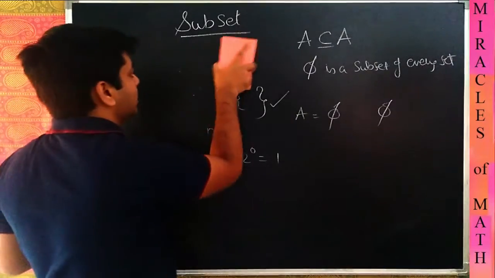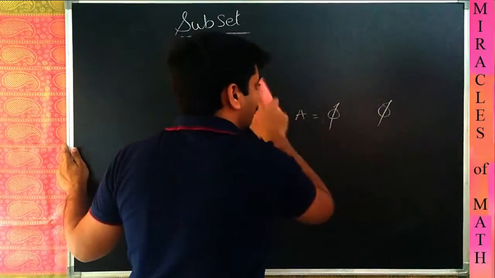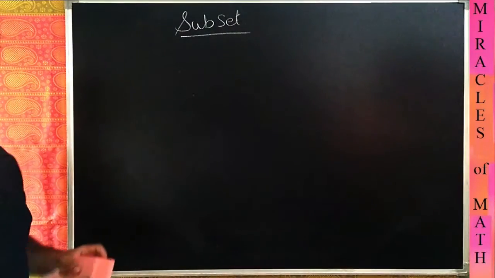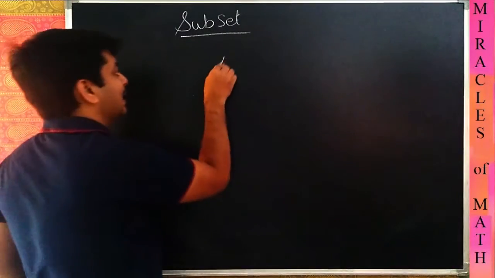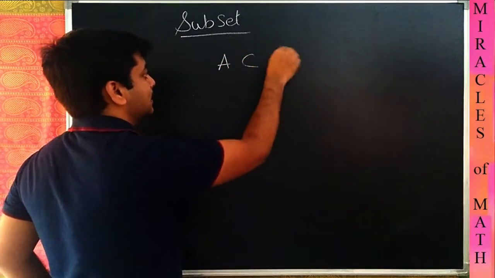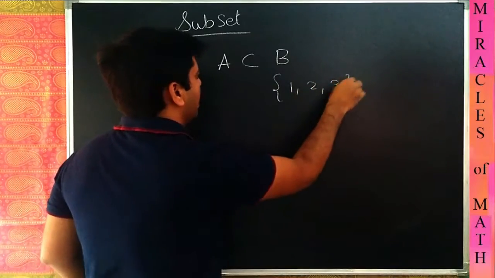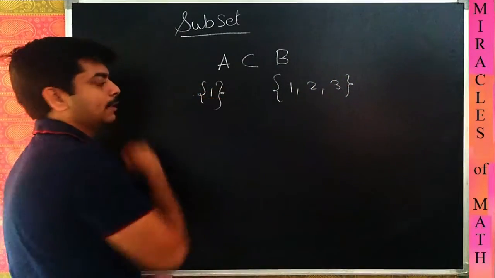And I told you in the starting, we will also see what a superset is. When A is a subset of B, say B is a larger set {1, 2, 3} and A is a smaller set, say {1}.